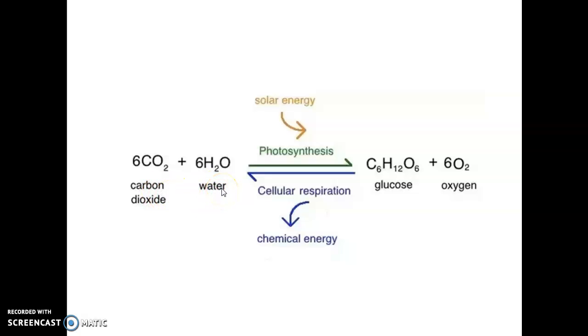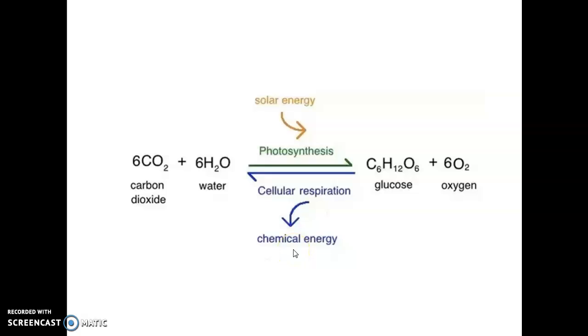Okay. So we can say here that the reactants of photosynthesis will form the products glucose and oxygen, and the reactants of respiration will form the products, that is carbon dioxide and water as well as energy.